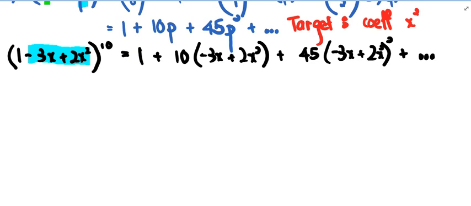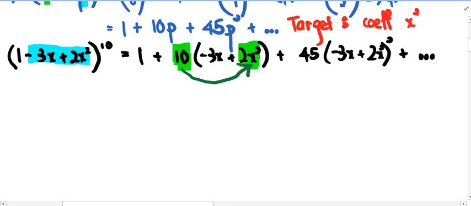Okay. Next. Do you agree? This number 10, if I want the x squared, I need to multiply by 2x squared. All agree? Do I need that negative 3x? No need. It will never give me an x squared. So I know I need to multiply.